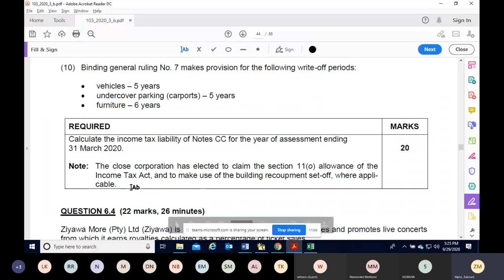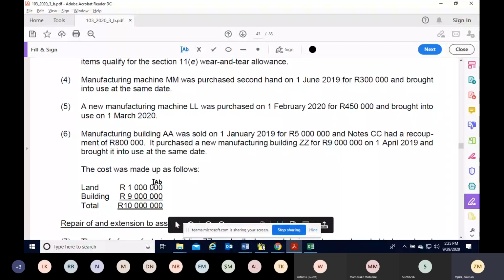So in terms of manufacturing building AA, it was sold for 5 million. In this case, we do nothing about this because we have deferred recoupment.